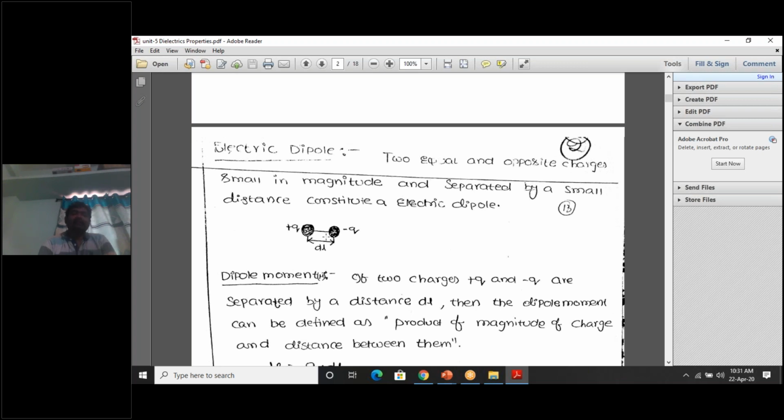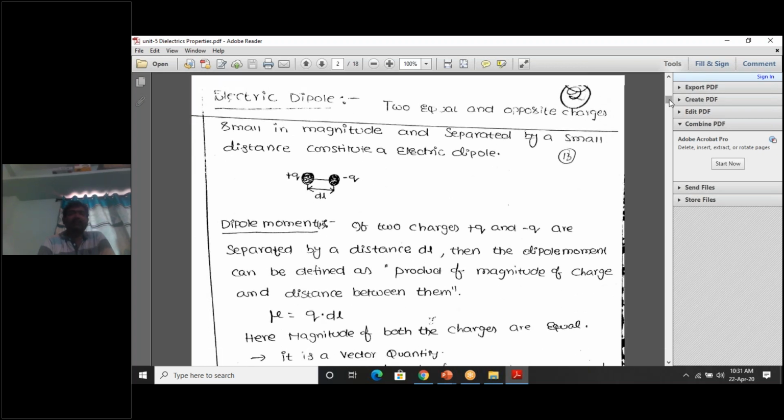So this behavior of showing an electric dipole, formation of an electric dipole, is called what? Polarization. This is the peculiar property of dielectrics. If any insulator shows this property of formation of an electric dipole, then that insulator is called what? Dielectric material. If this isn't shown by an insulator, then that is simply regarded as an insulator.